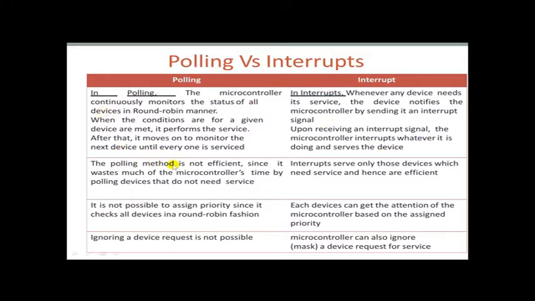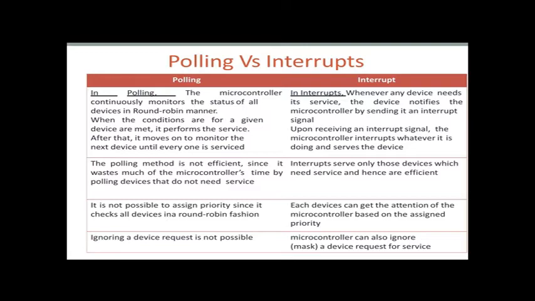Polling is not efficient, since it wastes much of the microcontroller's time by polling devices that do not need service. But in interrupt service, only those devices which need service are served, and hence it is efficient. That means we can say interrupt is more efficient than polling. In polling it is not possible to assign priority, since it checks all the devices in round-robin fashion.